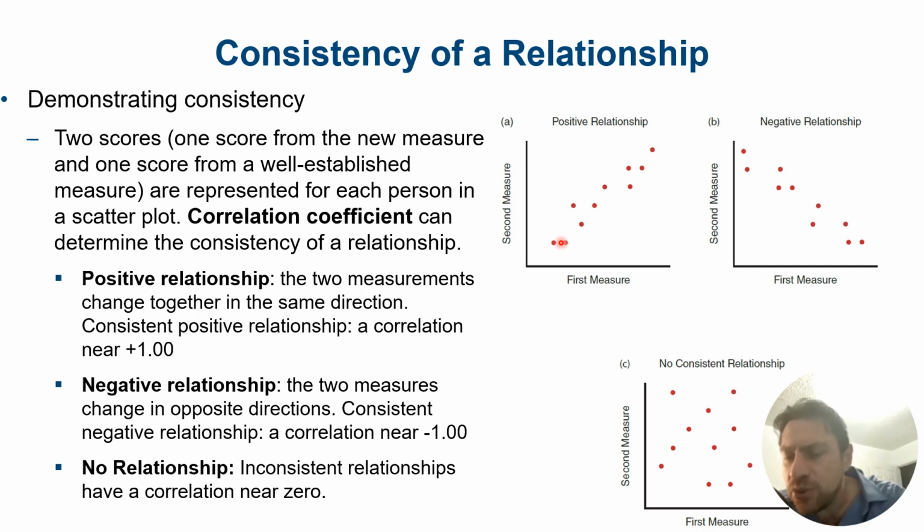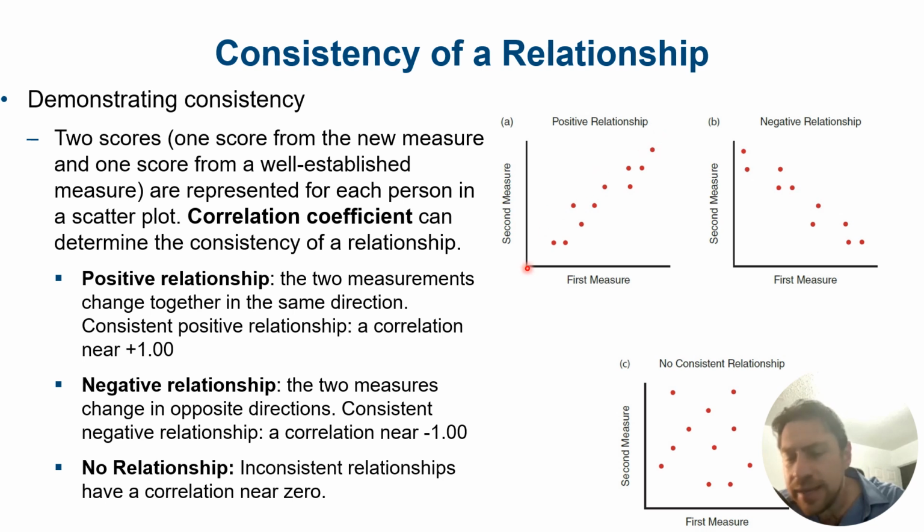And that value can range anywhere from -1 to +1. And the further the value moves away from 0, the stronger the relationship. So a positive value of the correlation coefficient implies a positive relationship. And the positive relationship is plotted here.